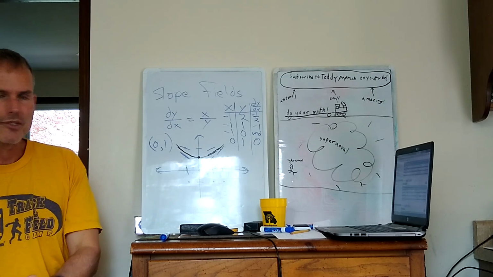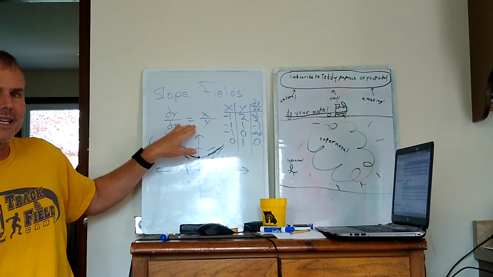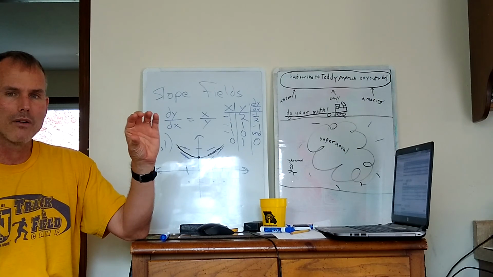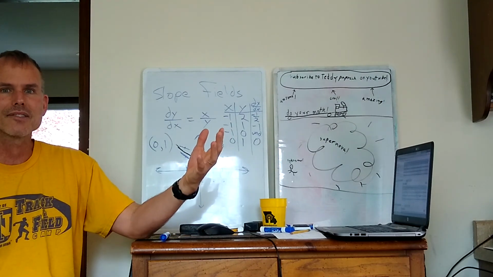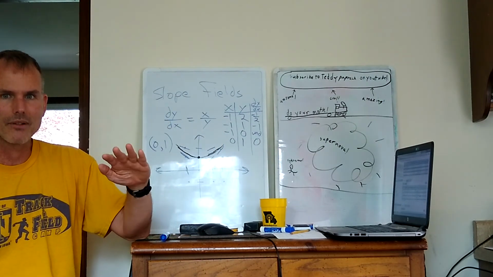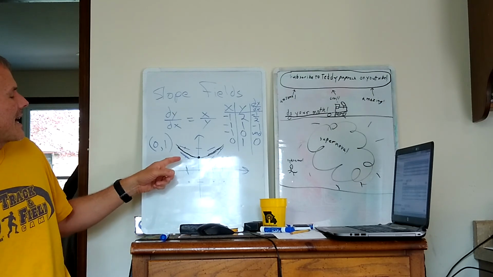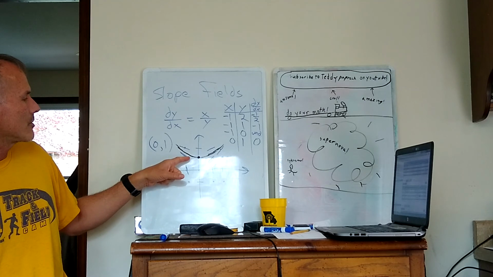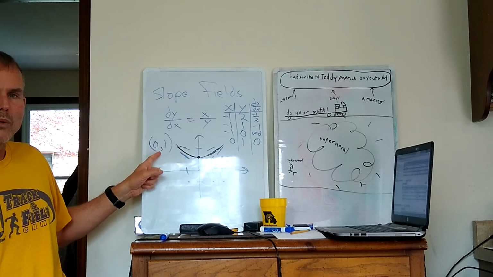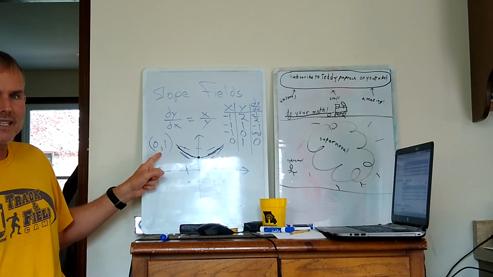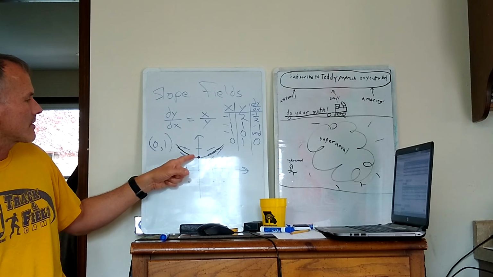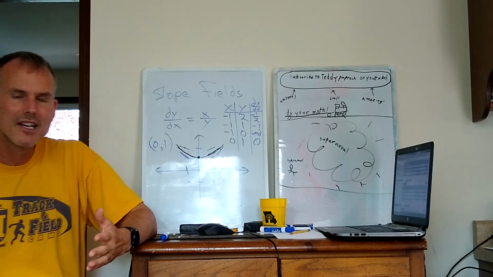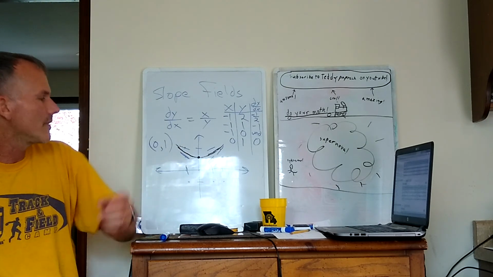A particular solution algebraically is a single function, y equals a function of x, a single curve. To represent it using a slope field, you go to whatever point you know the curve has to pass through, put your pencil there, and follow the slope segments to complete the curve.